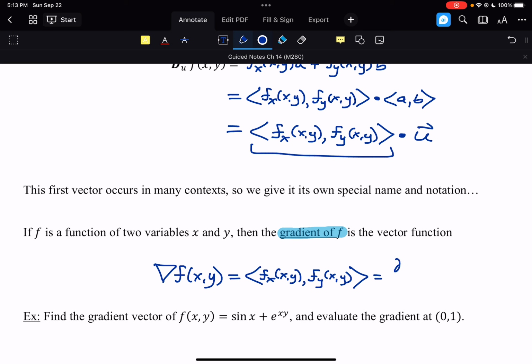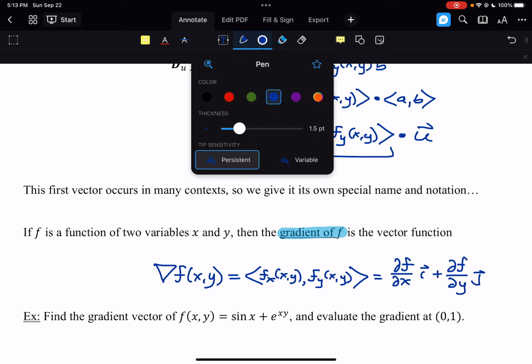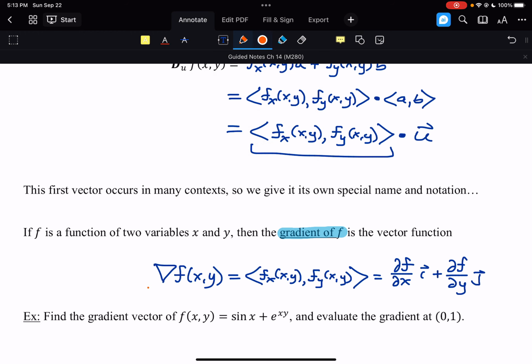Or alternatively, we can mix and match notations here, just so that we know that these are all equivalent to each other. Instead of saying the gradient of f every single time, we typically abbreviate this as grad f.